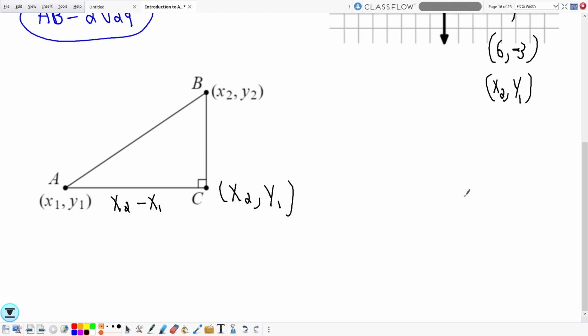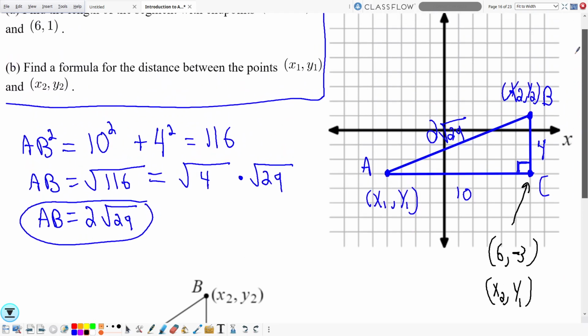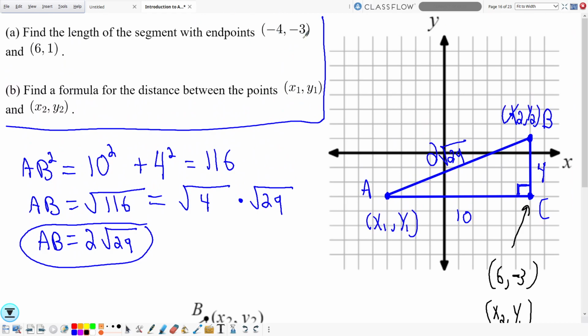That's that total distance. You can tell by looking at the coordinates in our original problem. A was (-4, -3) and C is (6, -3). The y values didn't change, but that -4 transformed to +6, which is exactly what would happen if we did 6 minus -4, because the distance is 10, and 10 is equal to 6 minus -4.